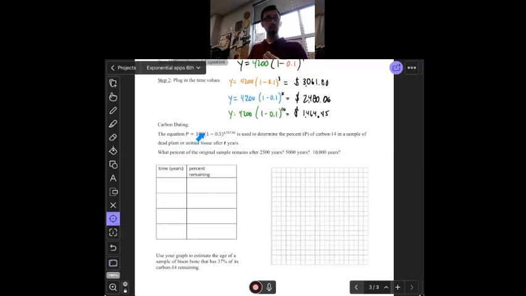You always start with 100% and it declines from there. So that's the initial amount. The 0.5 is there because it's the half-life. Every 5,730 years, half of it goes away. And of course, there's T. So you can see how structurally this is very similar to the decay equation, except for this division up here is the only thing that's different.